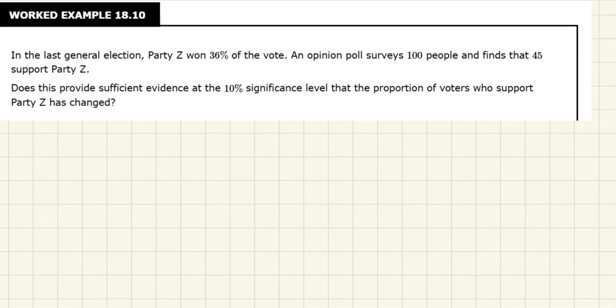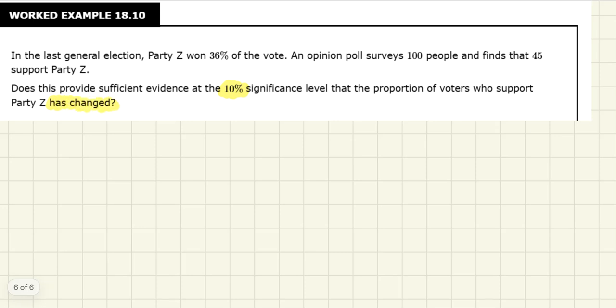So there is something a little bit different about this one compared to the other one, and it might be a little bit subtle to start with. It says, does this provide sufficient evidence? We've got the 10% significance level, but the big thing about this question that's different is it just says, has it changed?